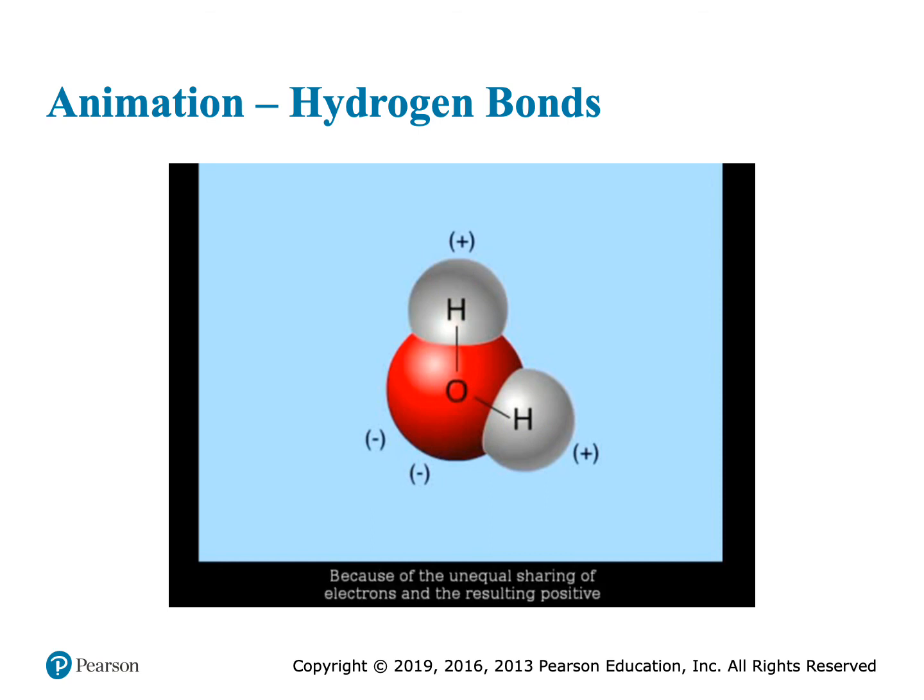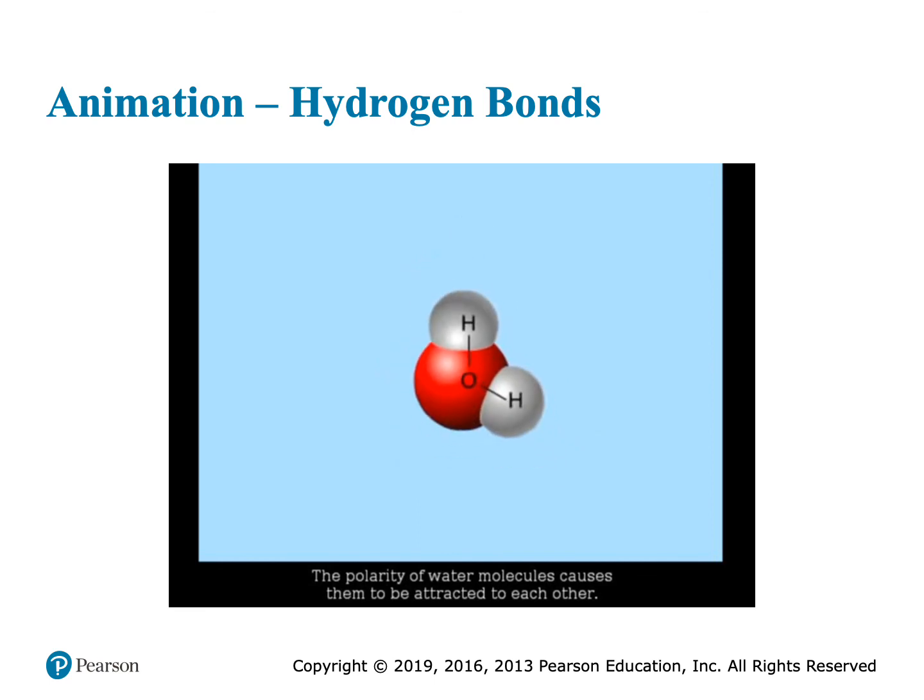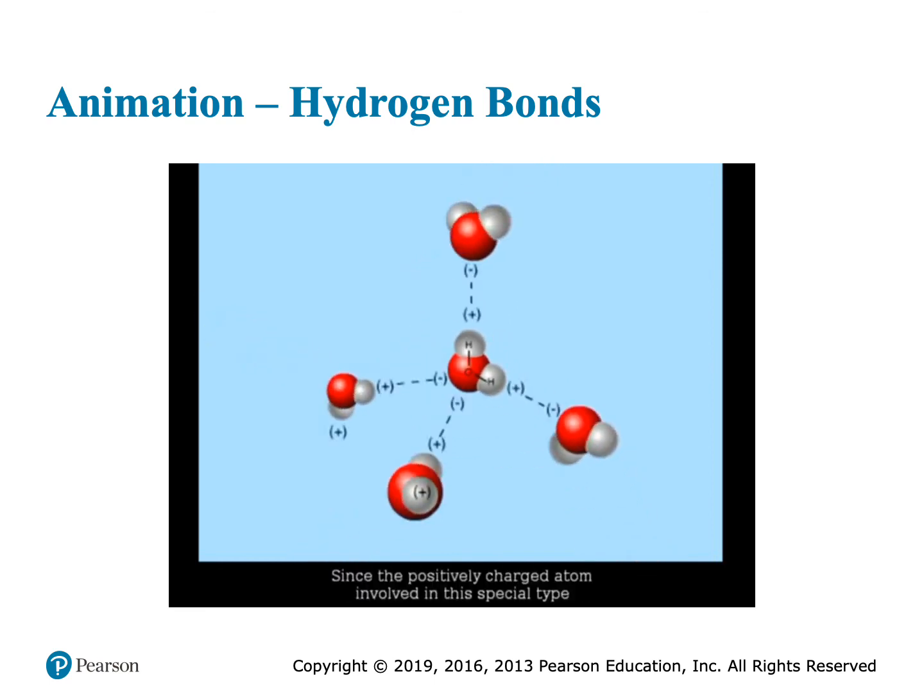Because of the unequal sharing of electrons and the resulting positive and negative poles, a water molecule is said to be polar. The polarity of water molecules causes them to be attracted to each other. Since the positively charged atom involved in this special type of attraction is always a hydrogen atom, this kind of bond between molecules is called a hydrogen bond.